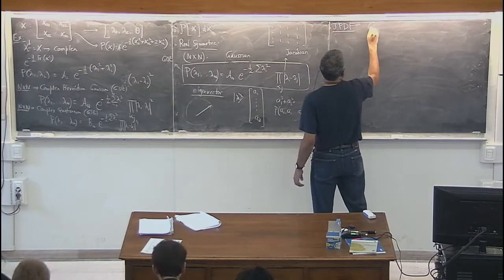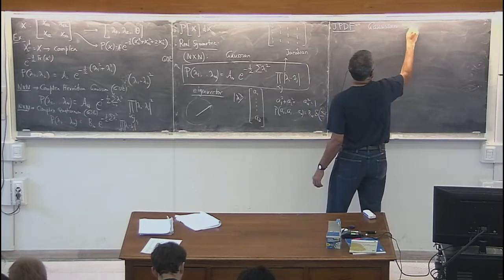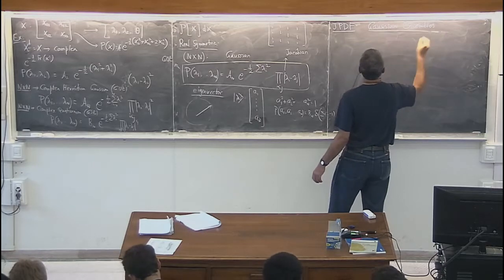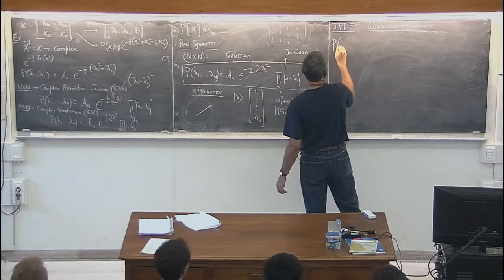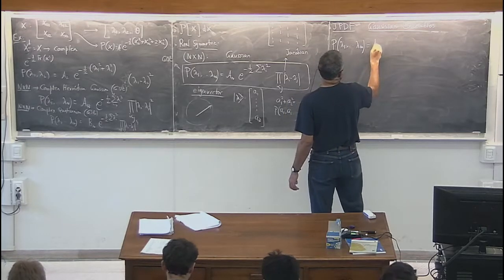this is one of the central results in random matrix theory: that up to some normalization, which is normally written as 1 over Z_n, you will have e to the power minus half summation lambda i squared.